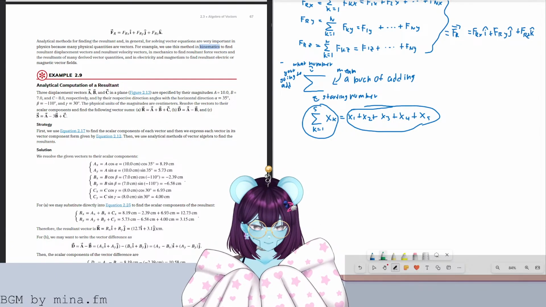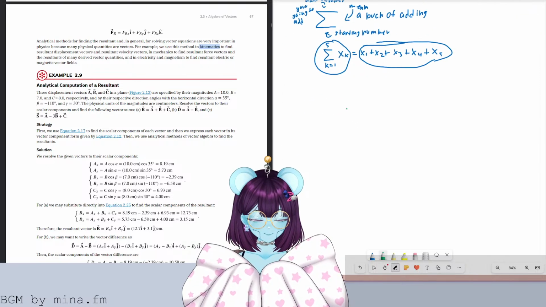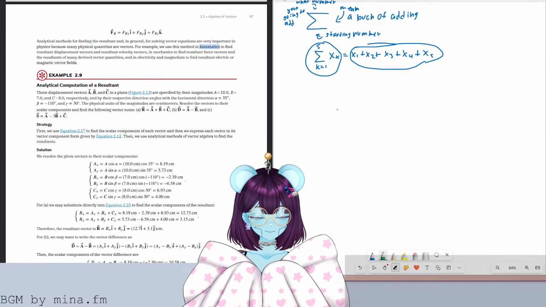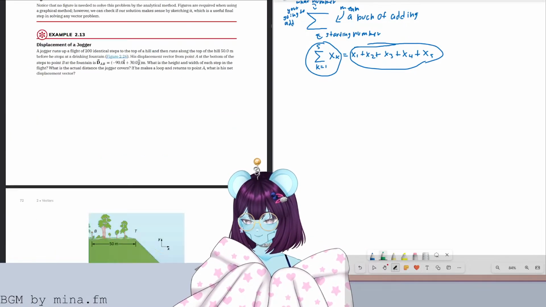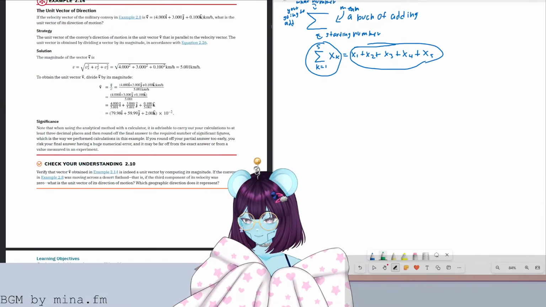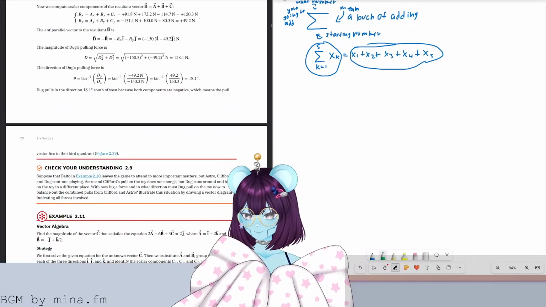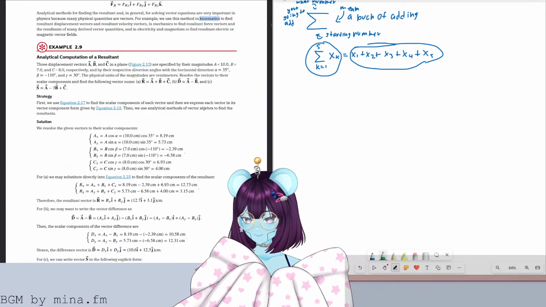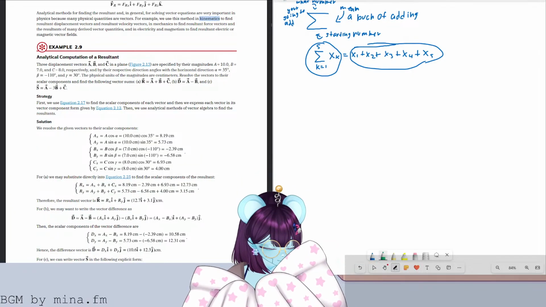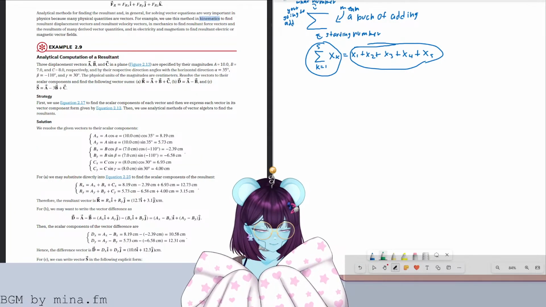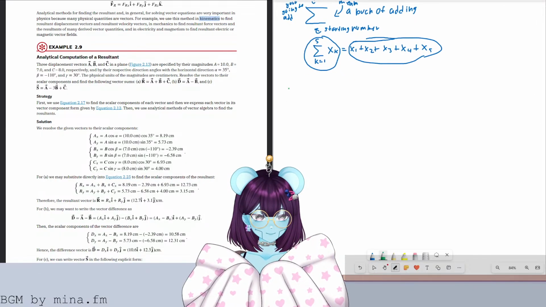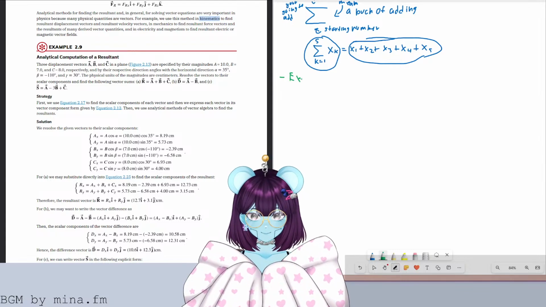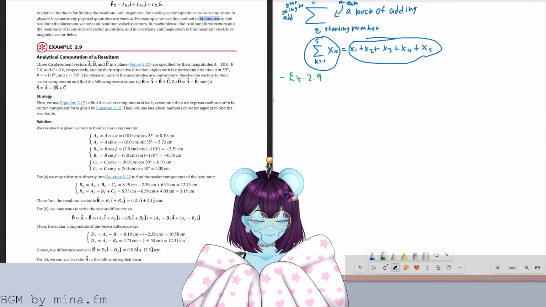Alright, we have another example. I'll switch back to the green. Scroll up a little. Whoa, this example is so long. I hope we finish this section, but we'll see. So we have example 2.9.